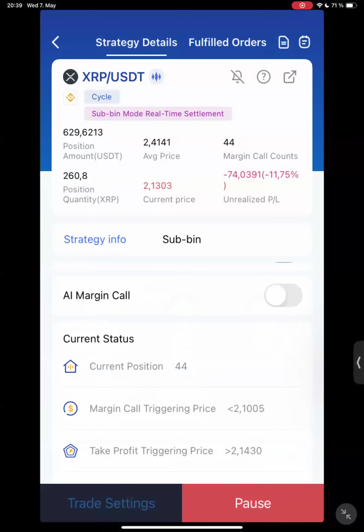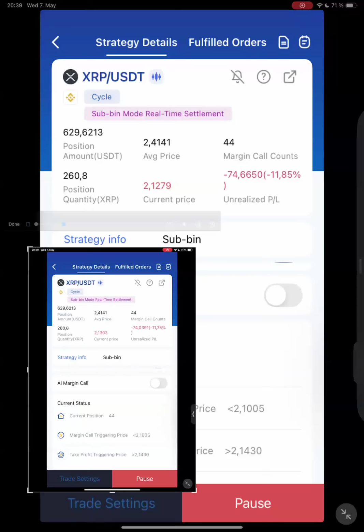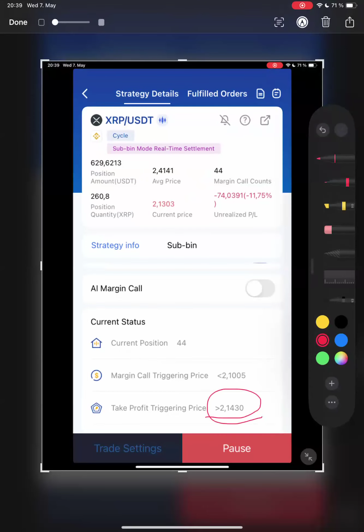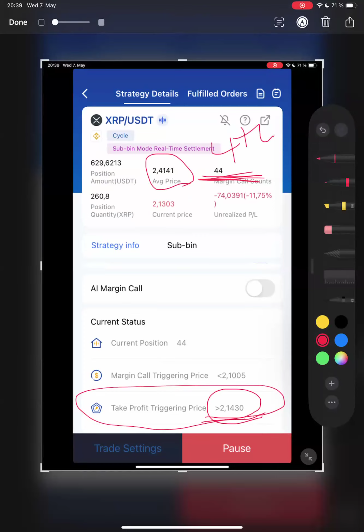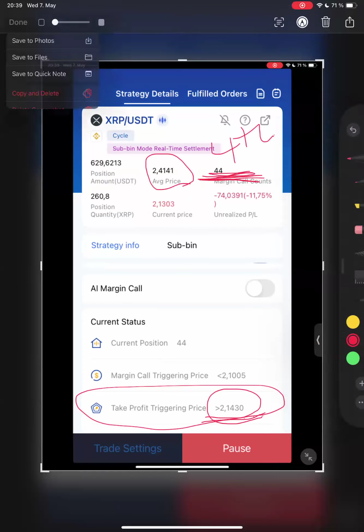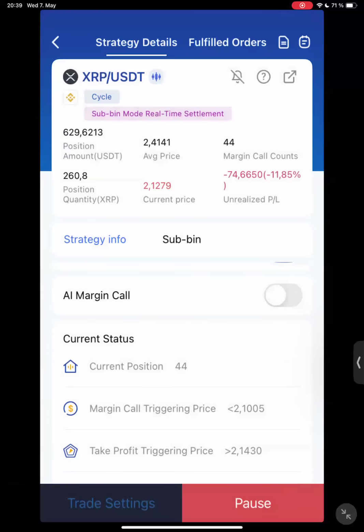So that is why my trigger price here is saying once it is greater than 2.1430, the robot will quickly sell the 44th call. Then I'll get a new take profit triggering price over there. All right. So that is the average price. This average price is for the fourth call, not for the margin calls here. All right. Now, 44 margin call count.